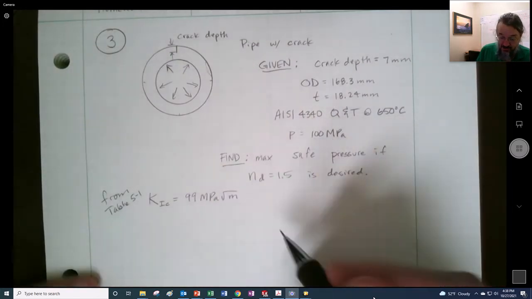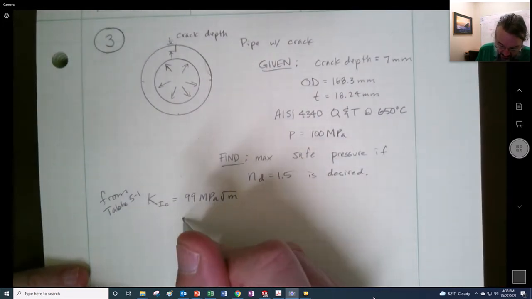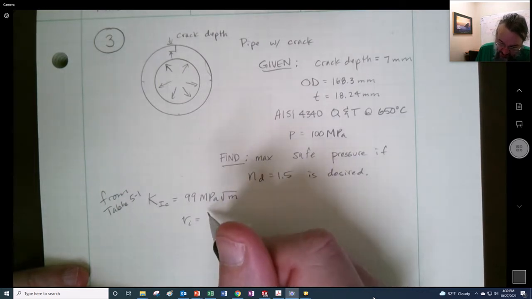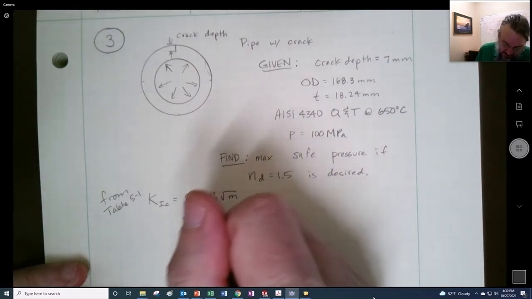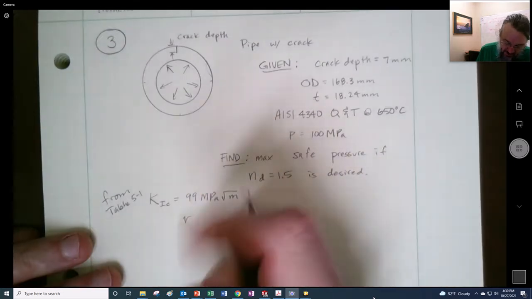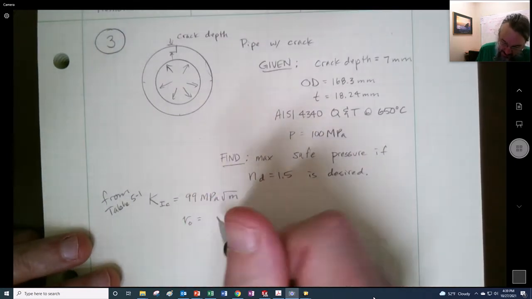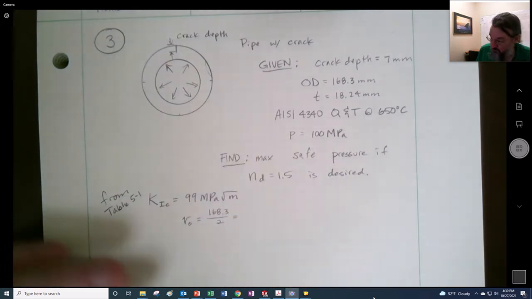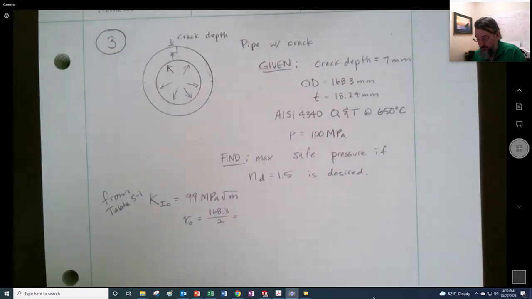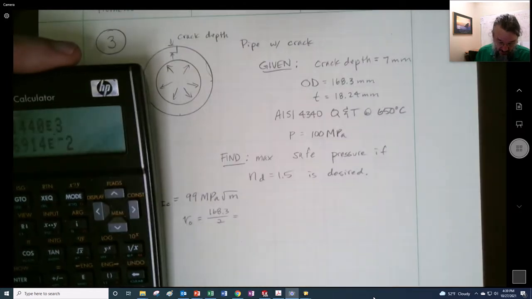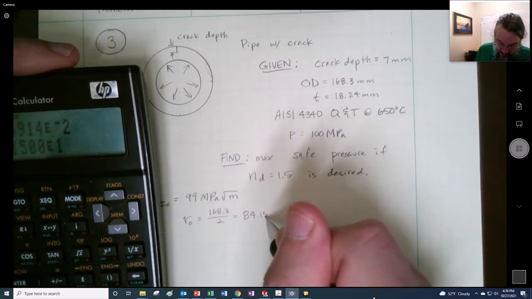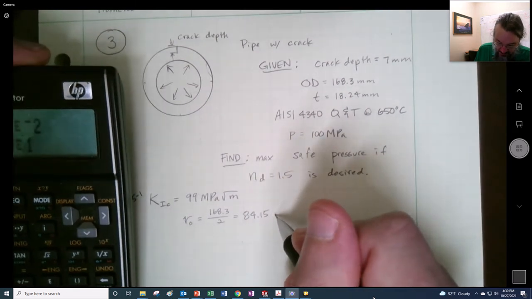So I want to get Ri and Ro. Let's go Ro first. Ro is just 168.3 divided by 2. Mr. Calculator, you'll be needed, because I can't do that in my head. 84.15 millimeters. Yes, I should be able to do that.